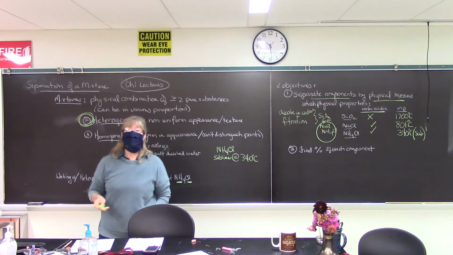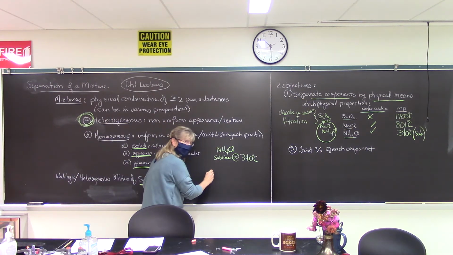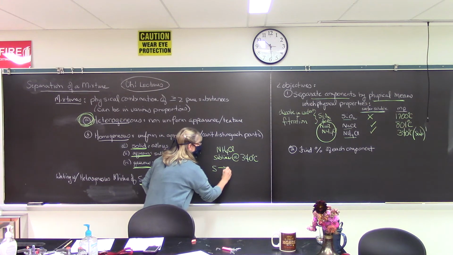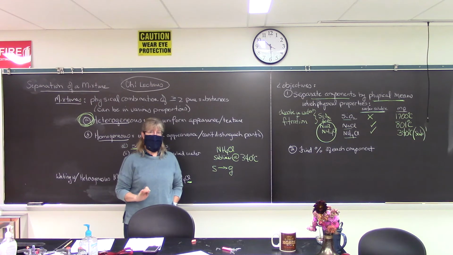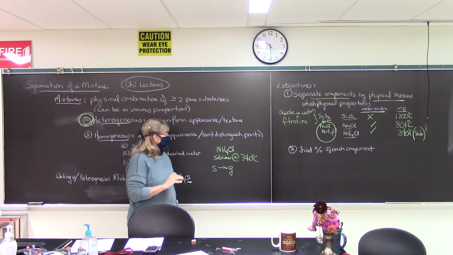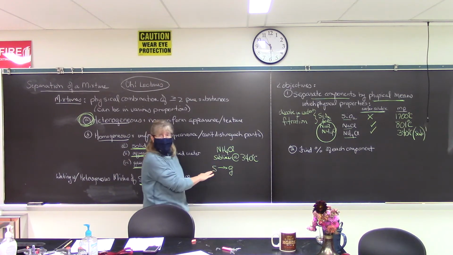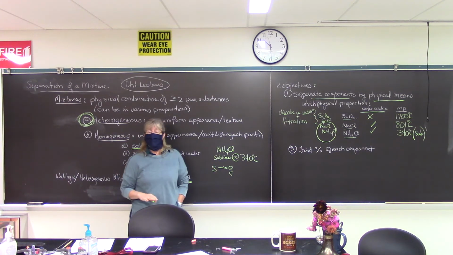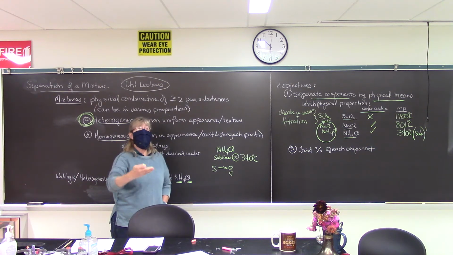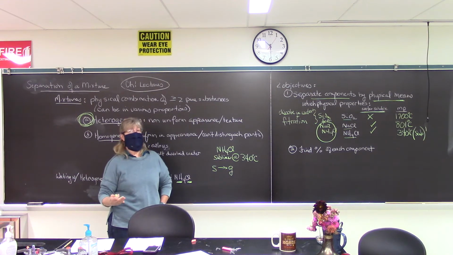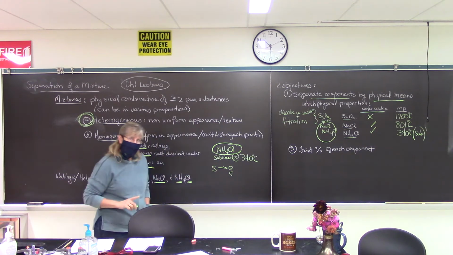For those of you who've already read the lab, you know that sublimation means going from a solid phase to a gaseous phase without going through the liquid phase. The reverse of this is called deposition, where you go from a gas to a solid without going through the liquid phase. So ammonium chloride sublimes.